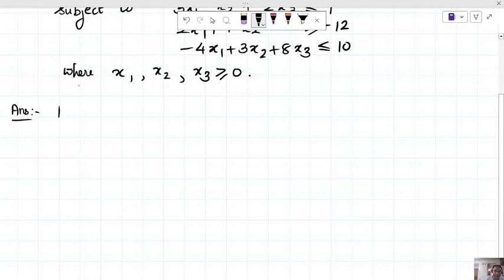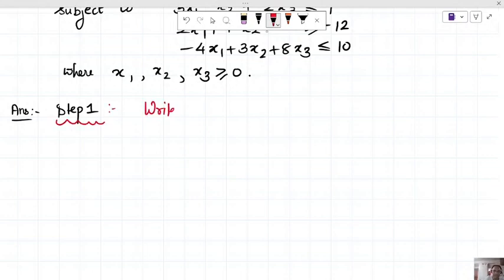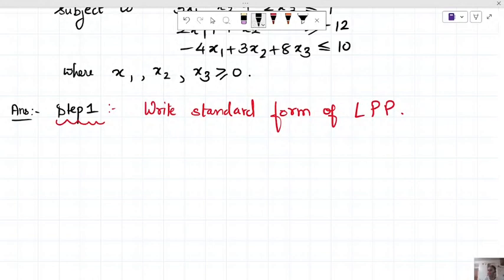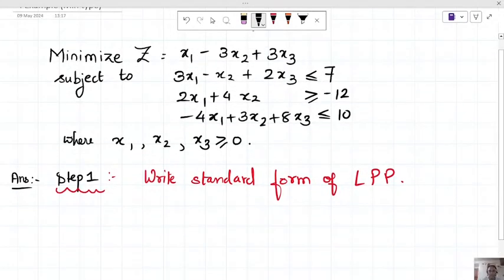So here we write step number 1, that is write the standard form of LPP. Now the standard form has nothing to do with whether it is a maximization type or minimization type. We have to see the constraint, whether we are able to add the slack variables or the surplus variable.